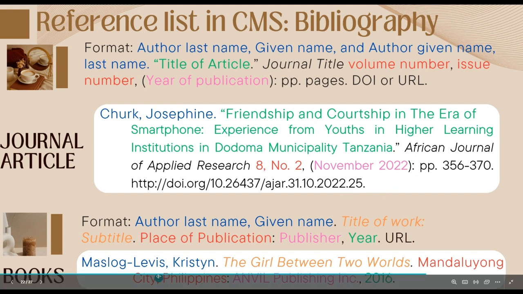As for books: author's last name, given name, title of the book, place of publication, publisher, and the year, and the URL if it is published online.